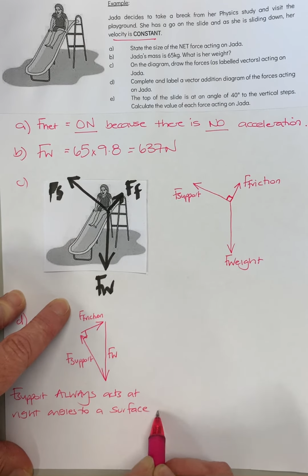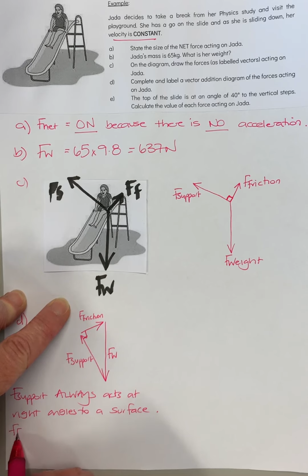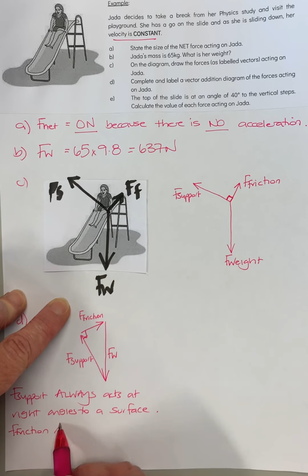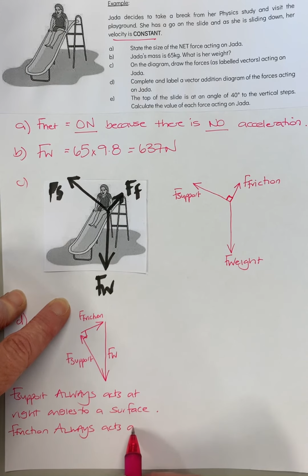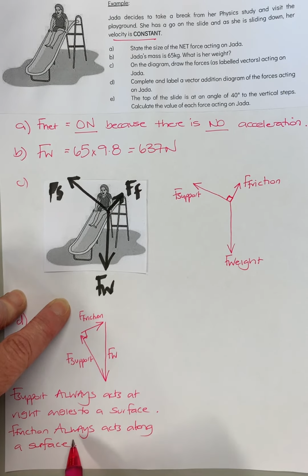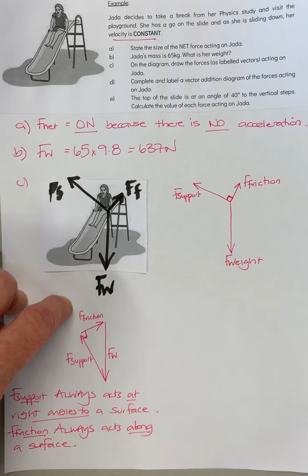Really important to know that. And the other important point is that friction force always acts along a surface. Okay, so it's at right angles for support, and friction is along a surface.